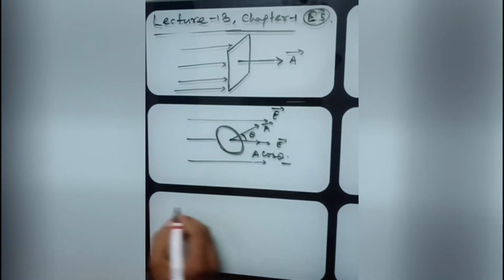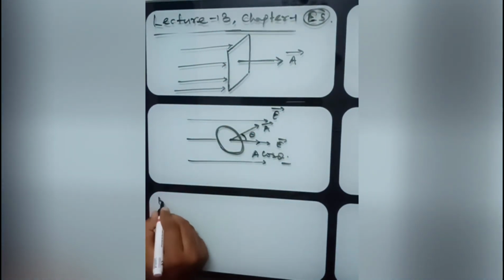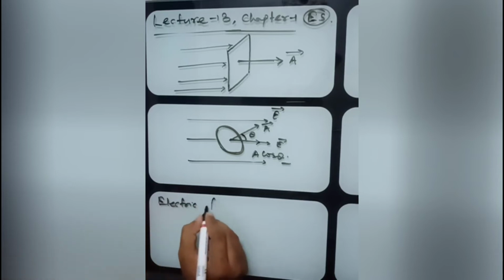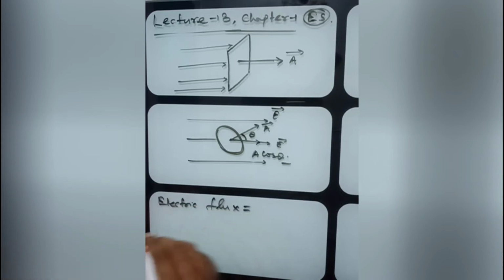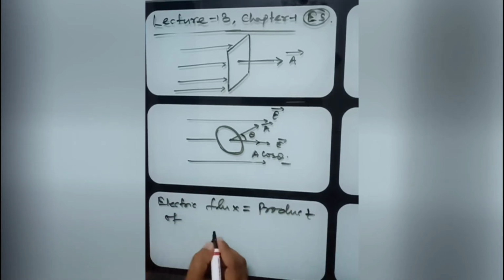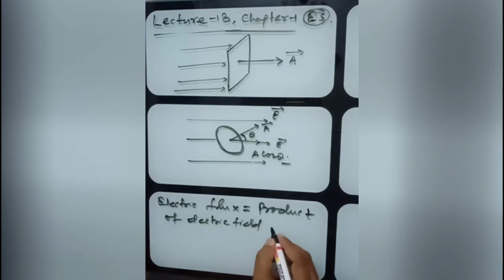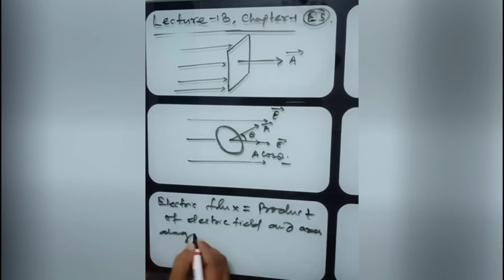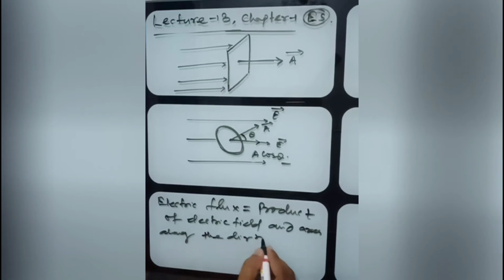So this electric flux is nothing but the product of electric field and area along the direction of field.